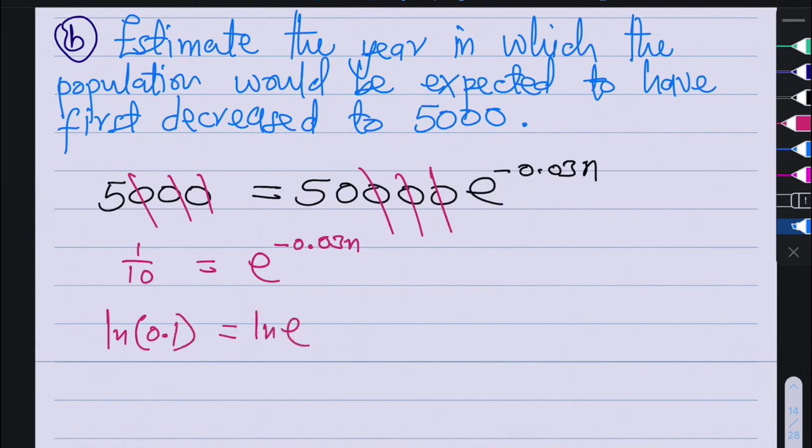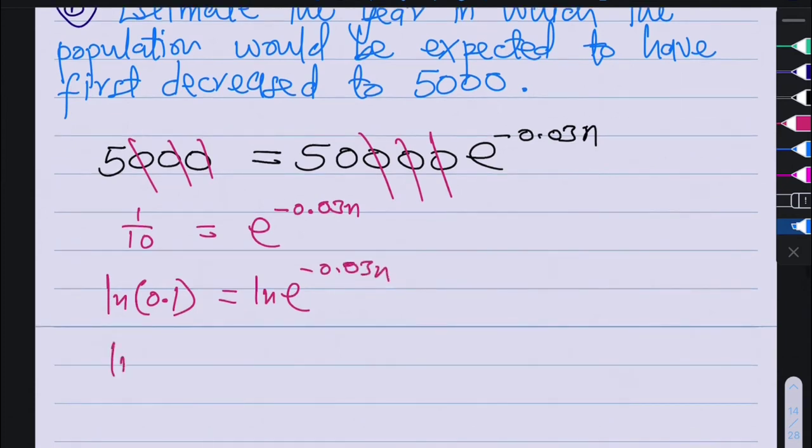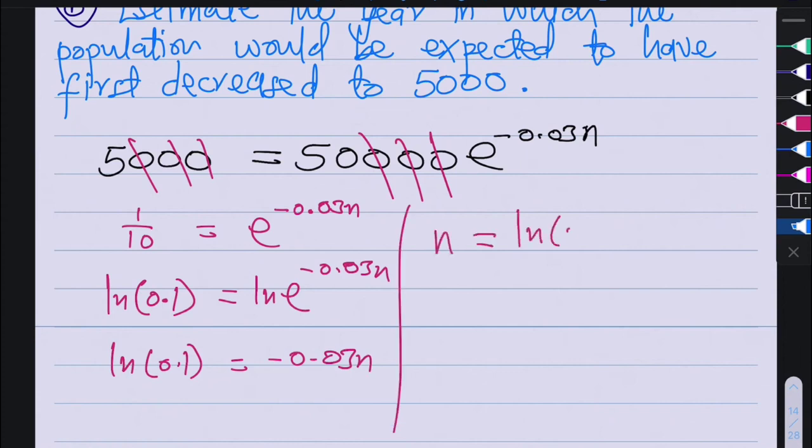Then ln this guy. So this means we have ln 0.1 is equal to negative 0.03 n. Divide both sides by negative 0.03, and n is equal to ln 0.1 all over negative 0.03.